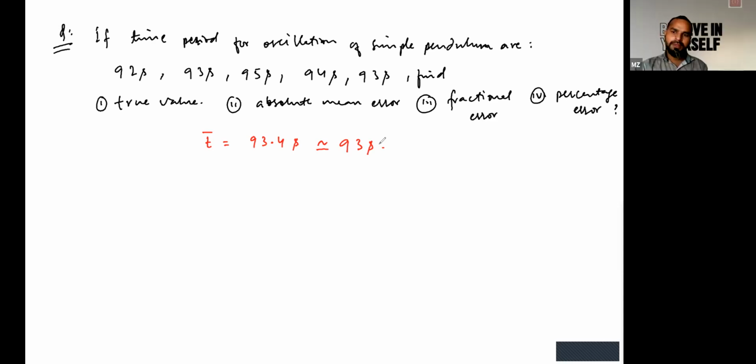Yes, Ellen, you have to take mean of this observation. So just sum up this whole and divide by 5.